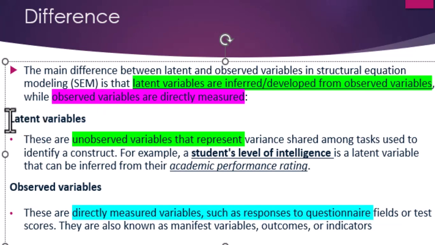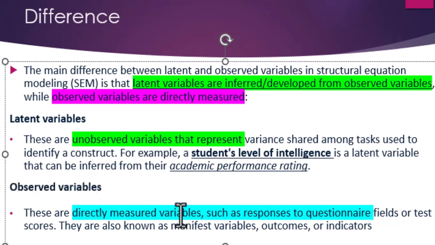So if we continue, let us look at the latent variables. These are unobserved variables that represent the variance shared among the tasks. They cannot be observed. That's why they are developed from the observed variables. But observed variables are directly measured.